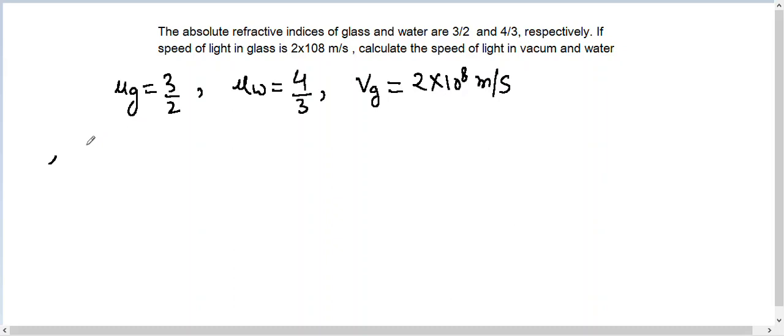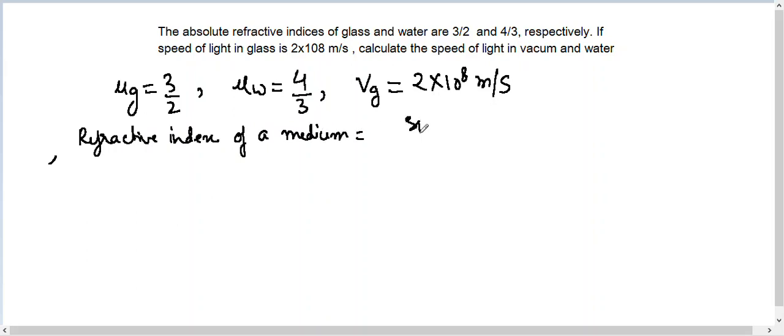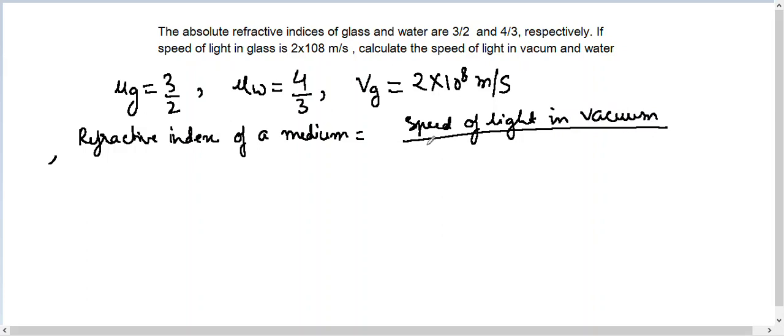So the formula used here is that refractive index of a medium is equal to speed of light in vacuum upon speed of light in the medium.